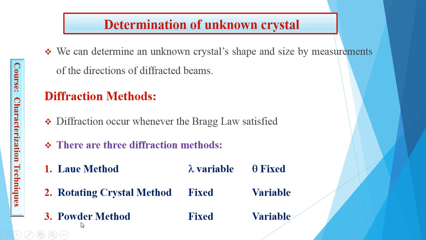In the Laue method, lambda, the wavelength of the incident beam, is variable, whereas theta and the position are fixed. But in the rotating crystal method, the wavelength is fixed, as we have studied before that the characteristic X-rays have a specific wavelength, that is K alpha wavelength.